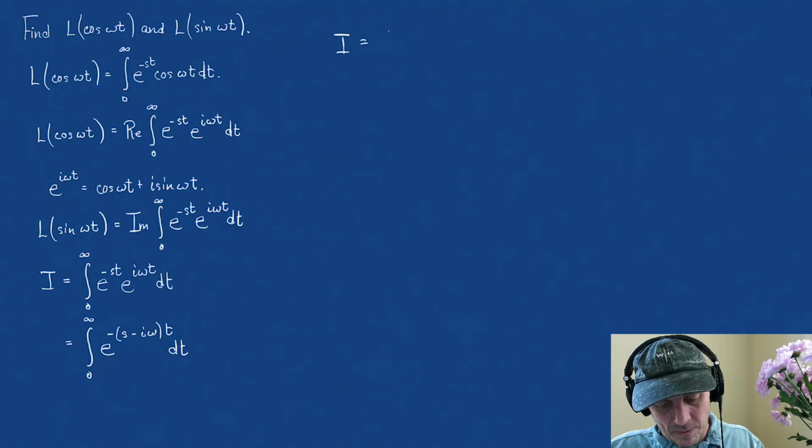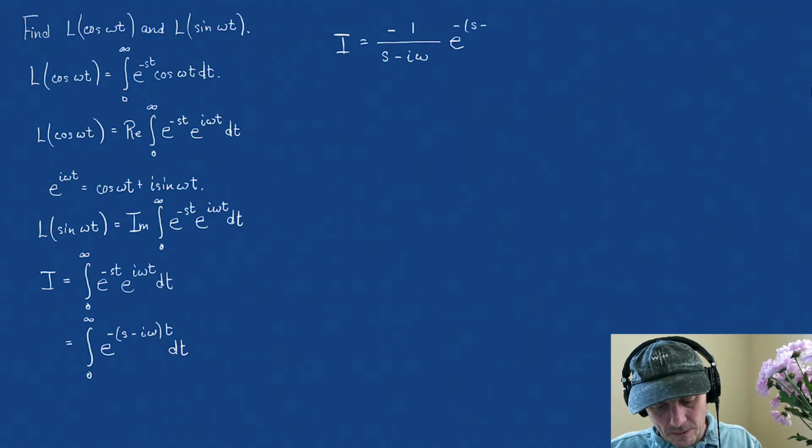So we're going to have a minus 1 over s minus I omega, e to the minus s minus I omega t, evaluated from 0 to infinity.